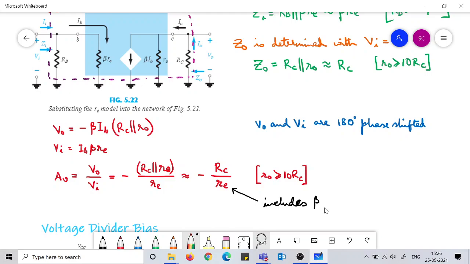So the voltage gain is getting influenced by the current gain of the transistor. The voltage gain of the fixed bias configuration is dependent on the current gain of the BJT transistor.